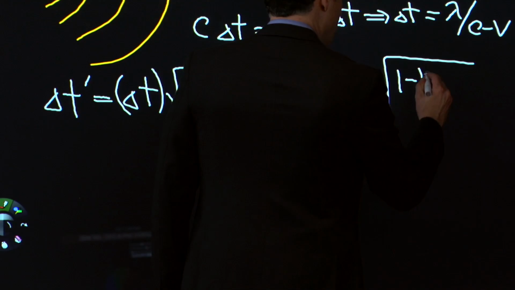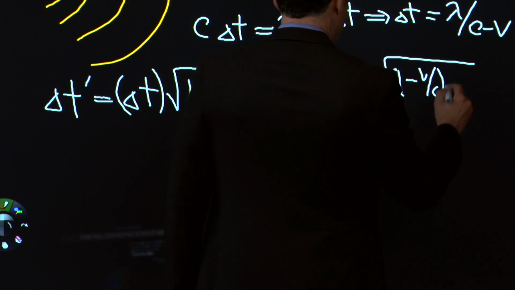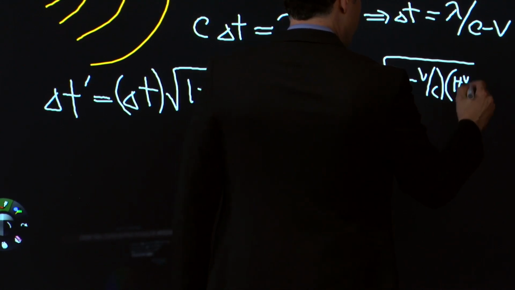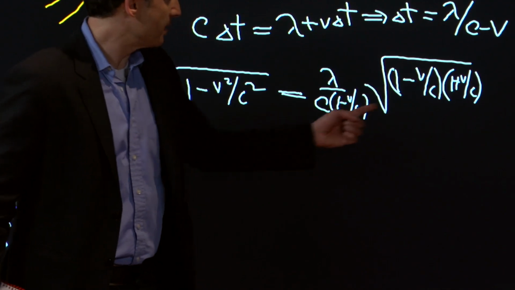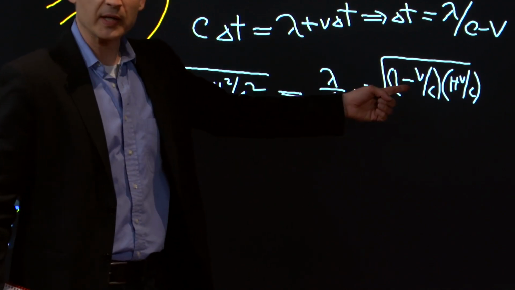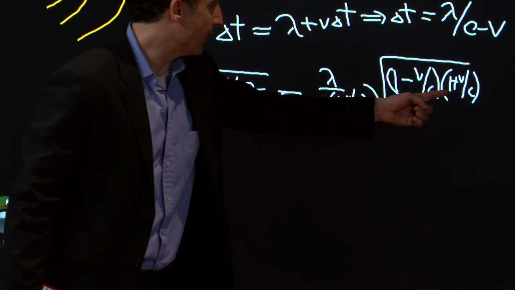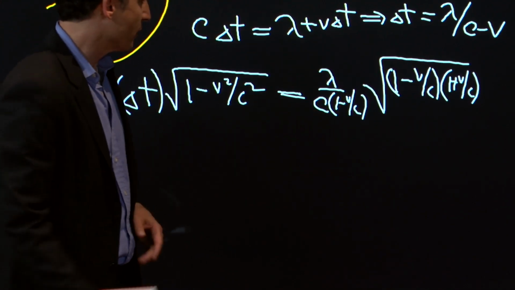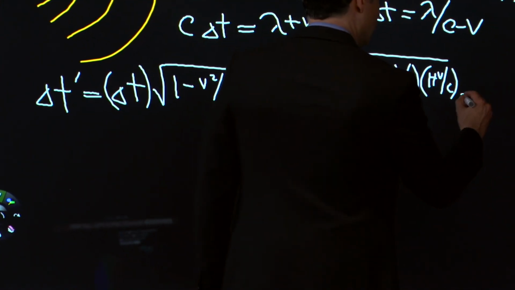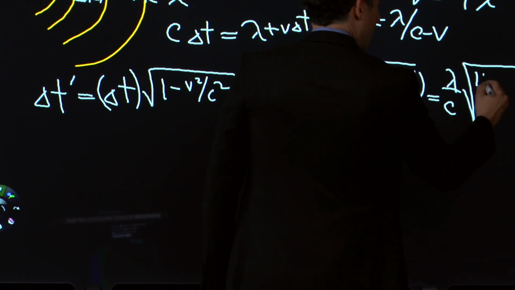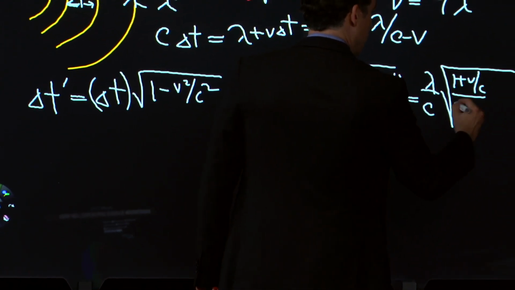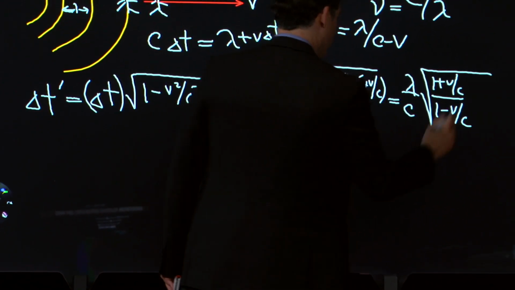So let's write that: 1 minus v over c times 1 plus v over c. And then I can bring this guy inside by squaring it. One factor will cancel against that, leaving us with 1 plus v over c over 1 minus v over c and the square root. So we have lambda over c times the square root of 1 plus v over c divided by 1 minus v over c.